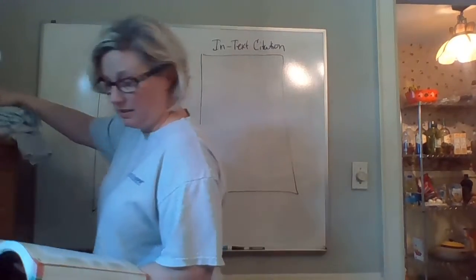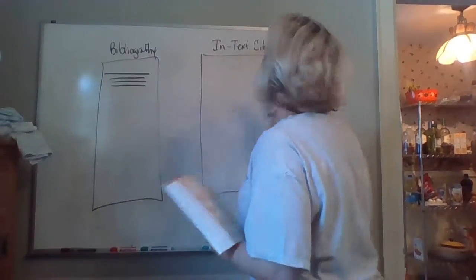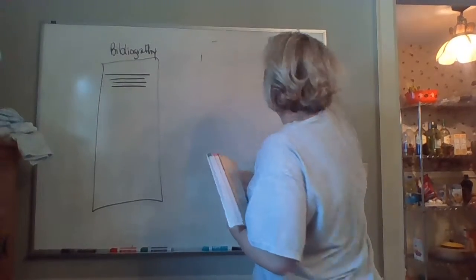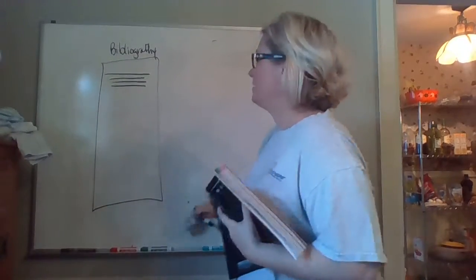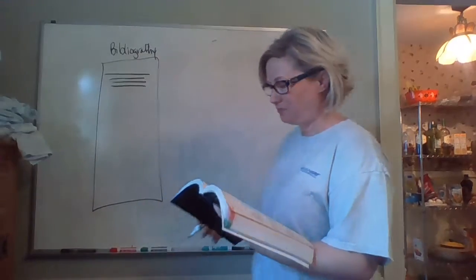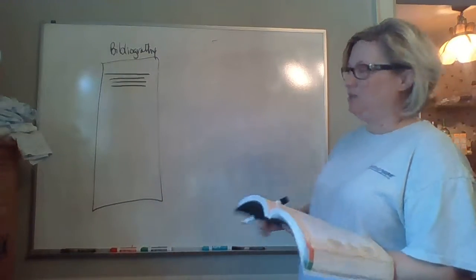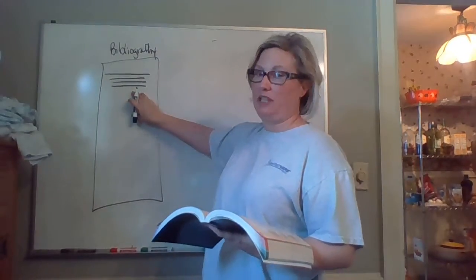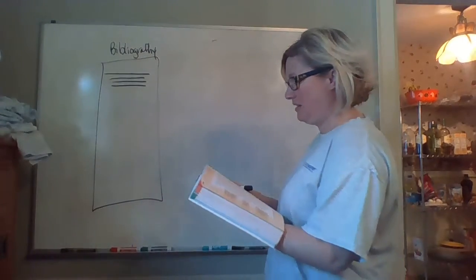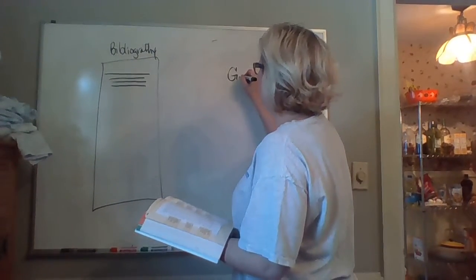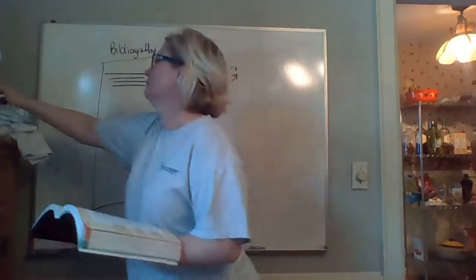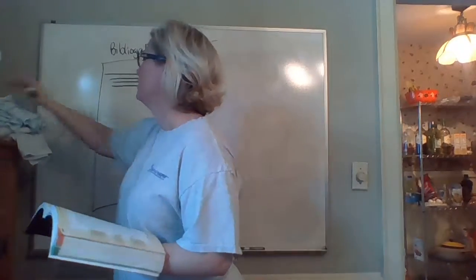Let me erase in-text citation for a second. And I'm just going to make something up, okay? So this would be an example of how to write in a bibliography. Okay, so we have Gersten. Give myself a little more space.